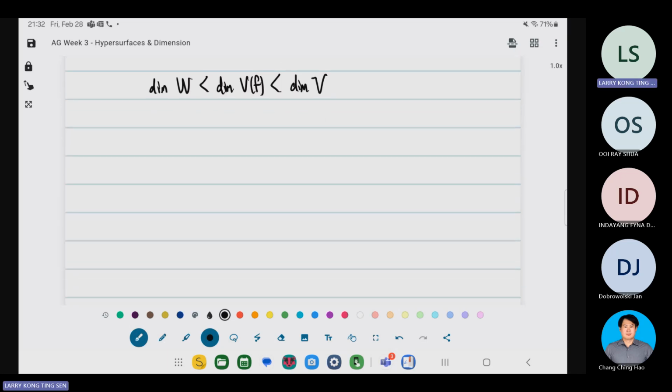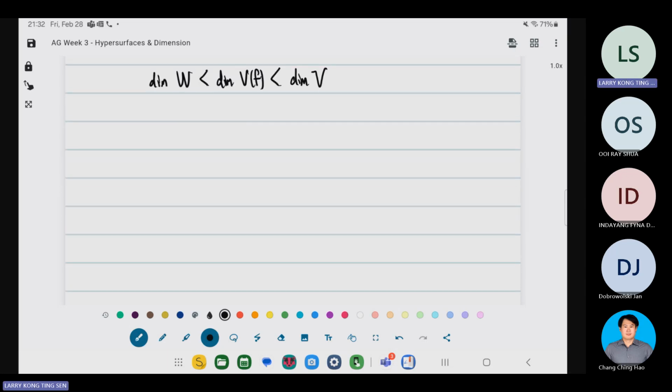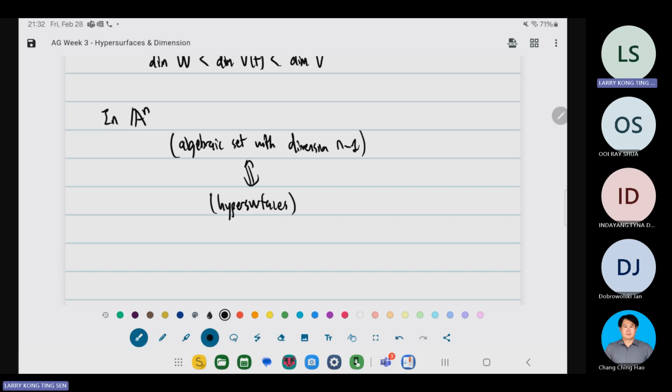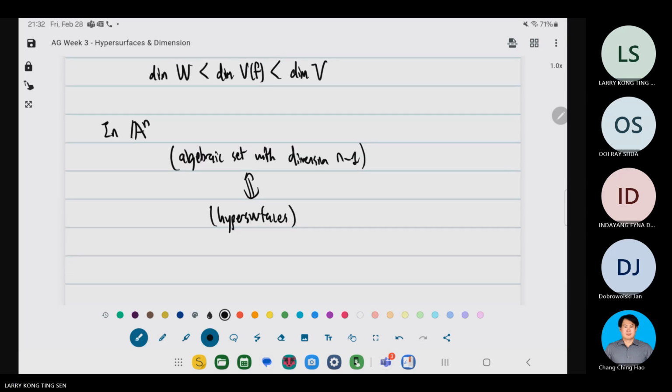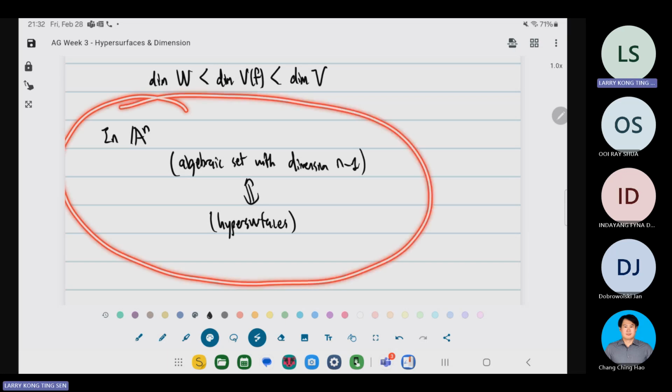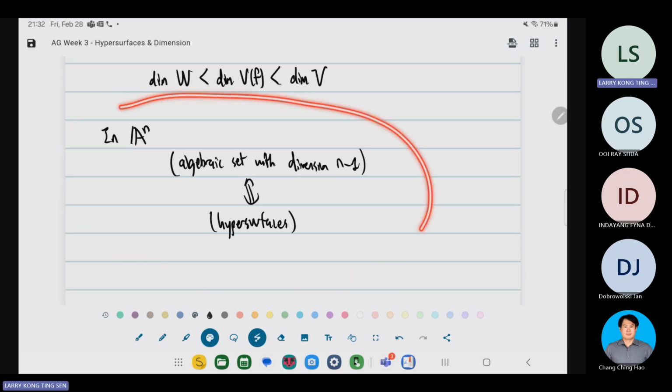Right. So in conclusion, what I have is that in An, any algebraic set with dimension n-1 is basically a hypersurface. And yes, this is tying hypersurfaces and dimension together.